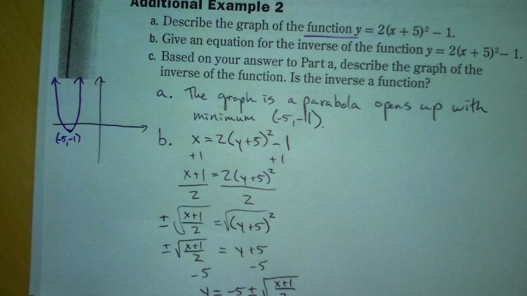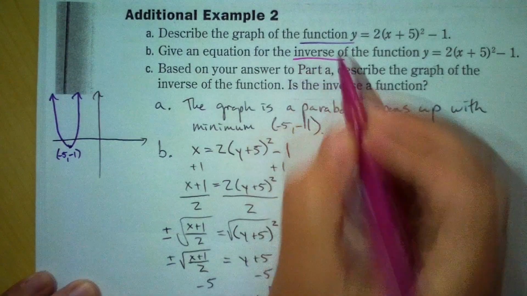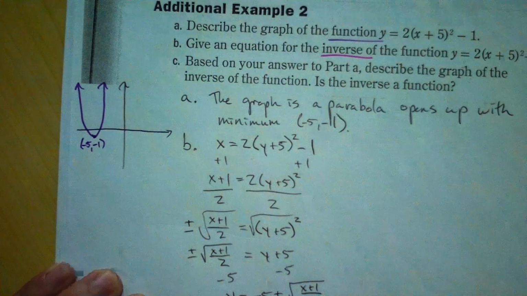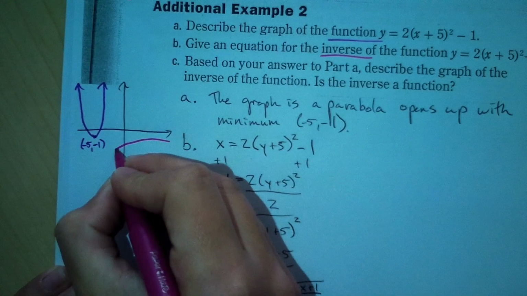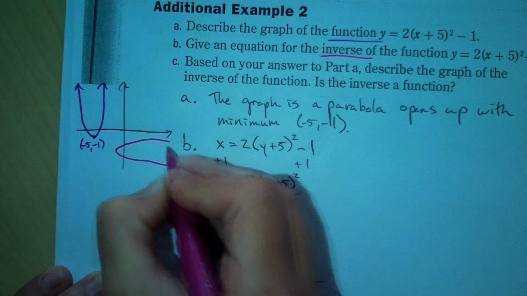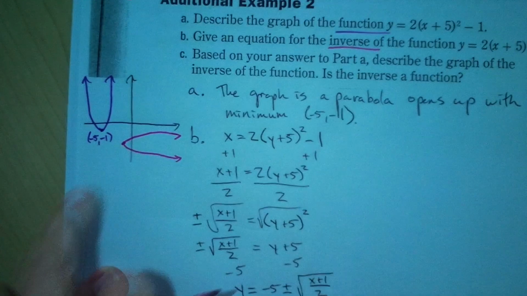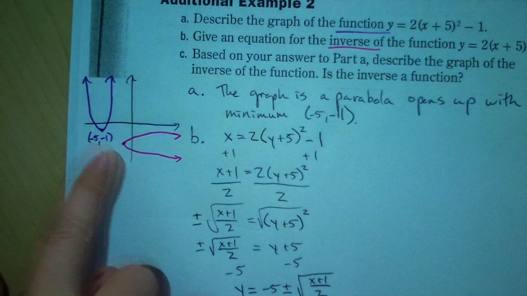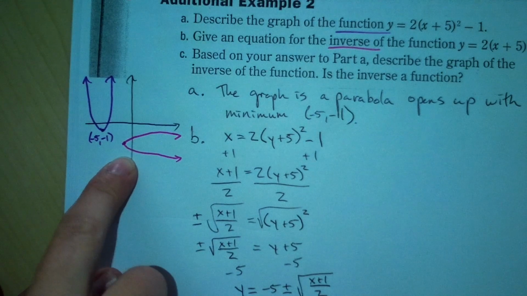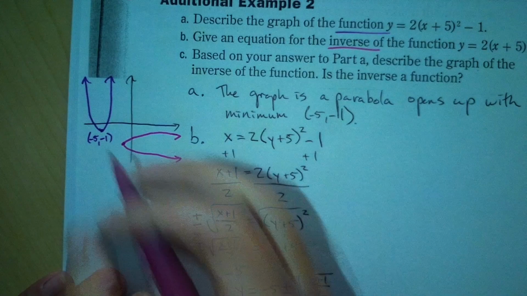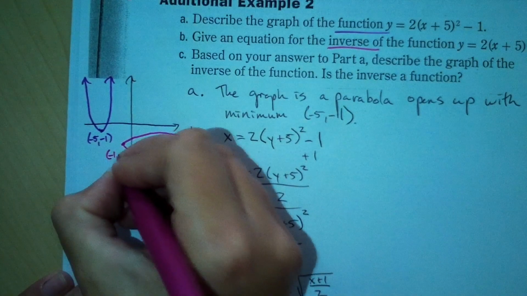So you could just say the leftmost point is -1, -5. And then for is the inverse a function? That would be no, because it wouldn't pass the vertical line test, or your original would not pass the horizontal line test. So that's how they're getting no for that.